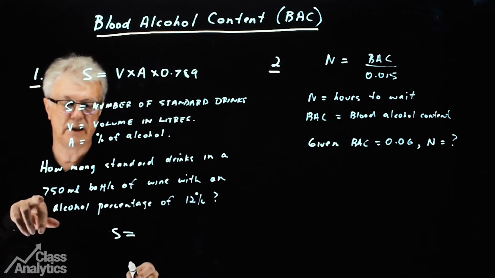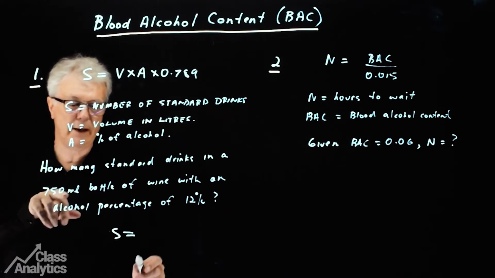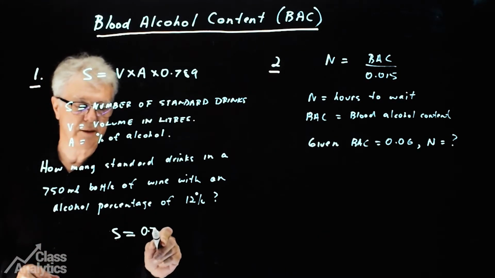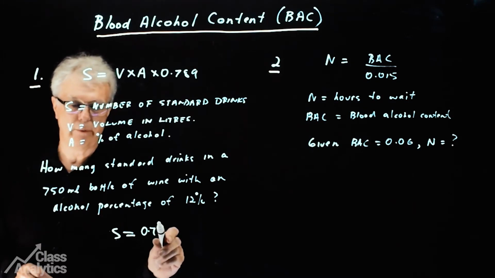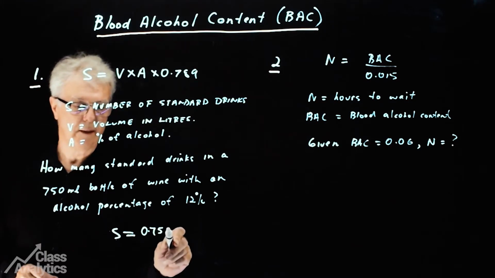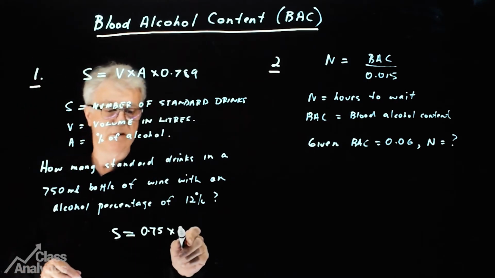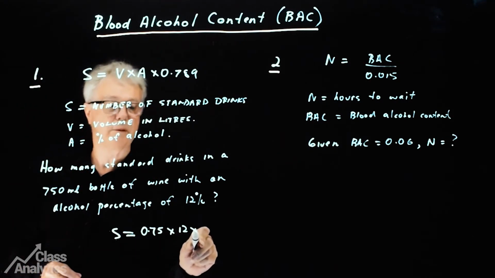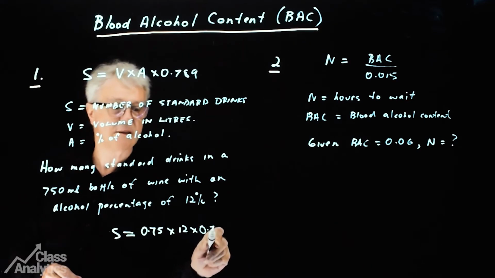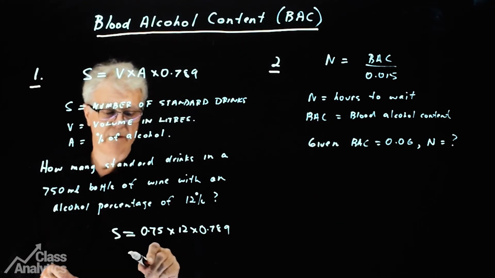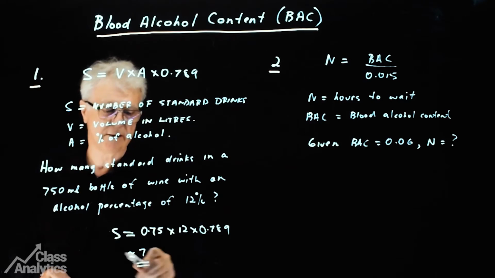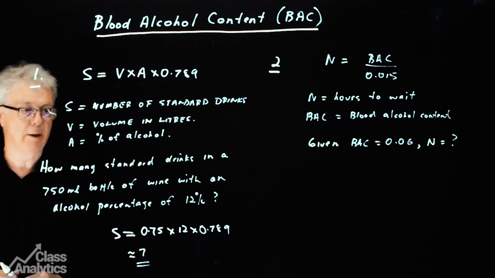I'm going to change that to litres, so we divide by 1,000, so it's 0.75. You multiply that by the alcohol content, which is 12, and times it by this number here, 0.789. And that gives approximately 7 standard drinks in a bottle of wine.